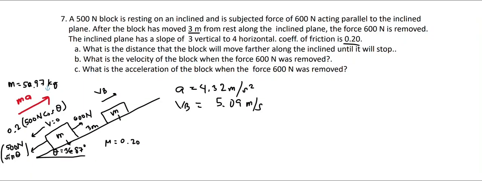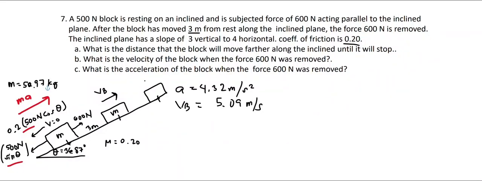Now that we have our velocity of the block after it has moved 3 meters from rest along the inclined plane, the force of 600 Newtons is now removed, which means that only the frictional force of 0.2 times 500 cosine theta and the force due to its own weight of 500 Newton sine theta would act on this block, which would tend to decrease the velocity, or pull the block downward, which means that after some time, this block would stop at some point farther along the inclined plane.